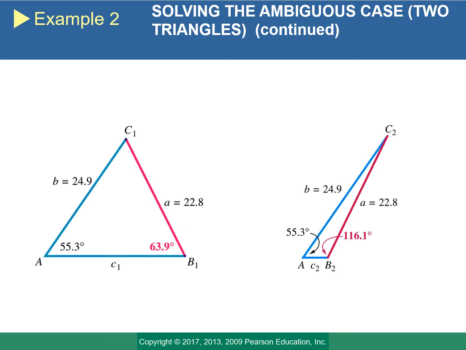So here's an image of our two triangles that we found. Let's just clarify why there were two, and hopefully it'll start to make some sense with this visual. We knew side B was 24.9, and we knew side A was 22.8. But based on how big angle C is, A could, you think of it as like sweeping outward, toward the right here, or inward toward the left here.